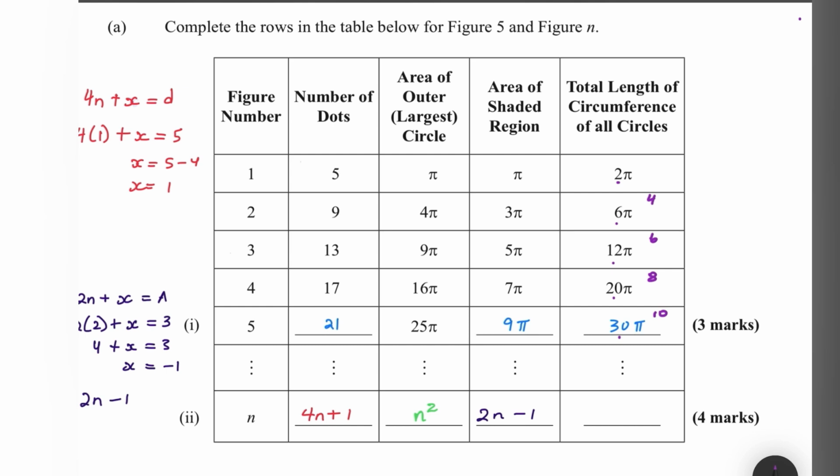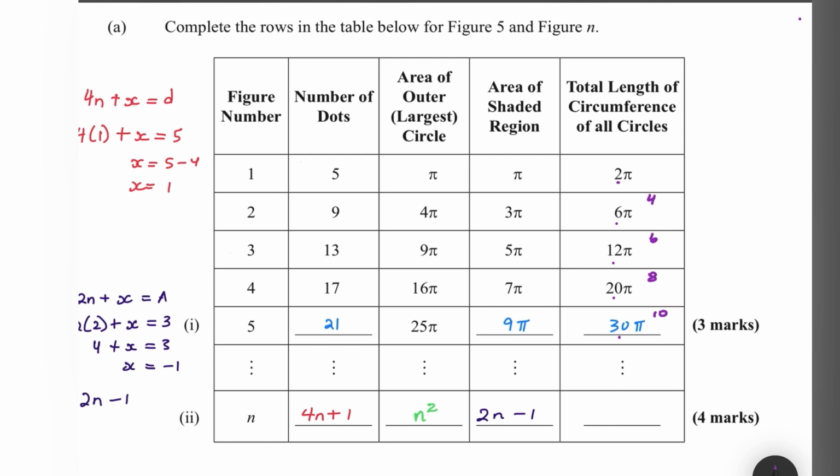When you have a double difference like that, because you're adding to the previous amount that you added before, this is when it has to do with squaring the figure number. The relationship is going to be squaring the figure number and adding some value, right?